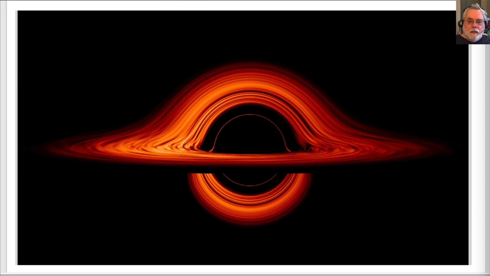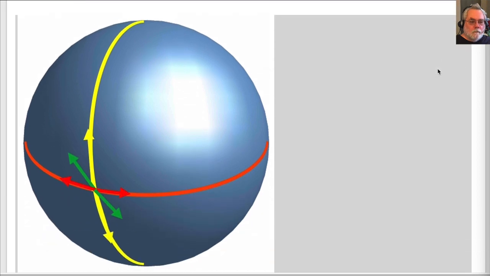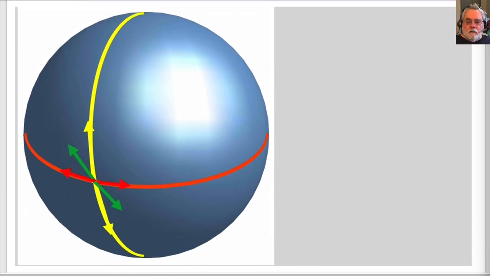For a non-rotating black hole, light can orbit the black hole circularly at 1.5 Schwarzschild radii. A non-rotating black hole has no preferential orientation in space. Light photons can orbit in any circumference or great circle of the ring of fire spherical surface at 1.5 Schwarzschild radii.